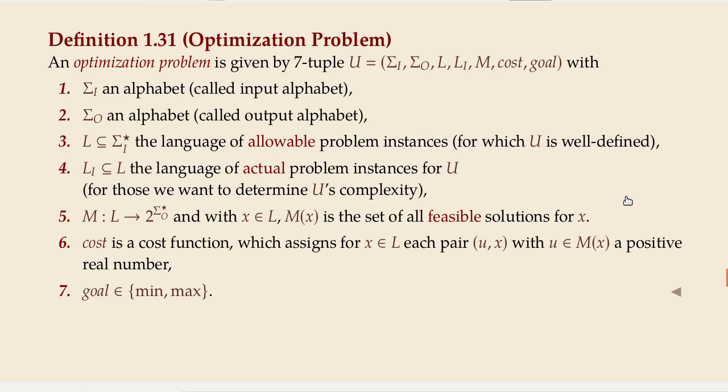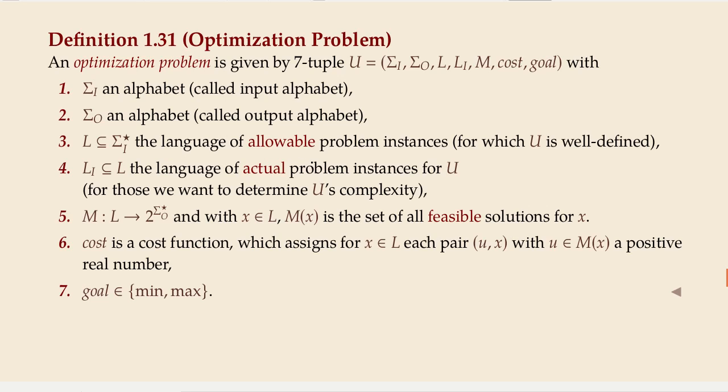Okay, TCS again. We're defining tuples. An optimization problem is such a beast, where we have input and output alphabet, because now we're not just outputting yes or no, but we output a solution to the problem. Now the first thing that's maybe not so trivial is, why do we have L and L_I? The first is all allowable instances that make sense in the application, if you like.